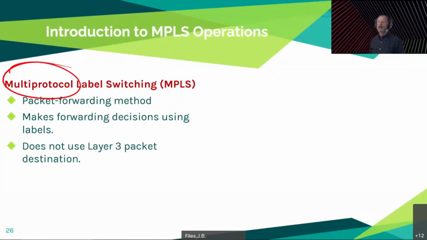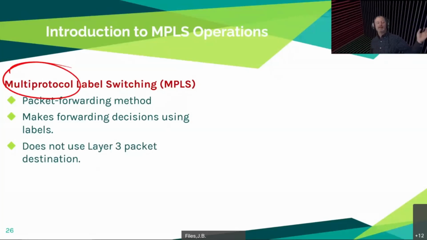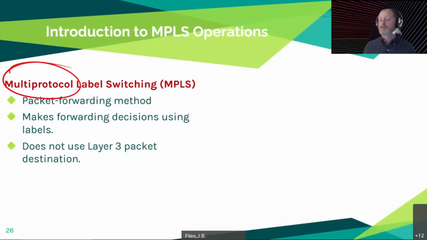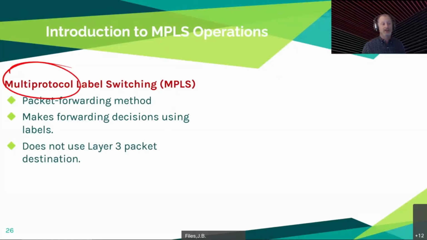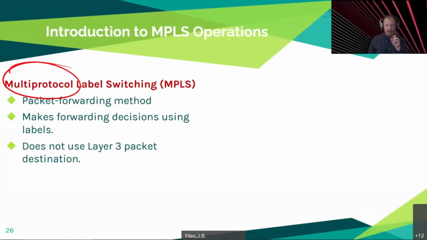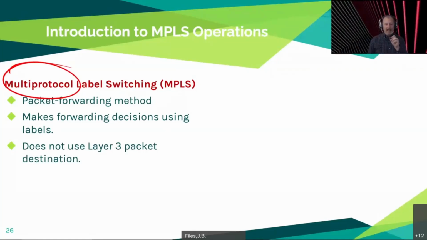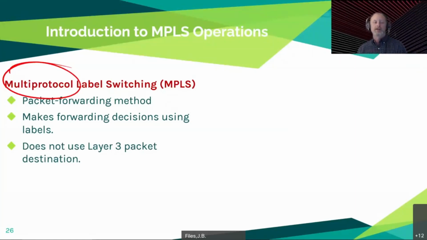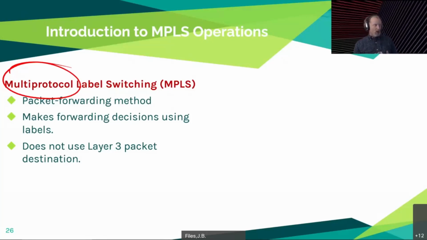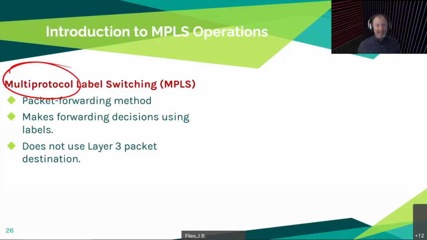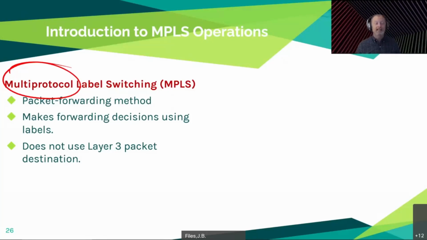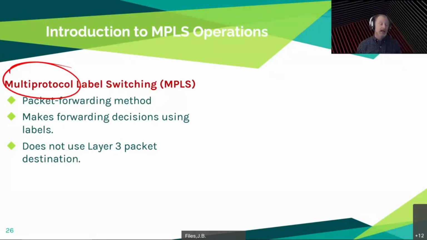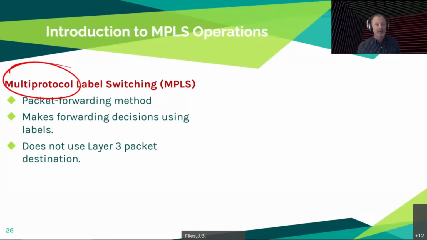IPv4 packets at layer 3, IPv6 packets at layer 3. You can do Ethernet frames at layer 2. It doesn't care because it can switch or route, depending on how you want to think of it, multiple protocols. It's not making a decision based on the address of that protocol.